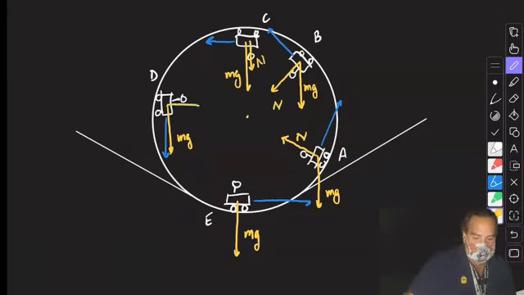It has to be, because it has to be perpendicular to the surface. So no matter where we are, the normal force has to point towards the center because the track is circular. A perpendicular to a circle lies along a radius. That's geometry.